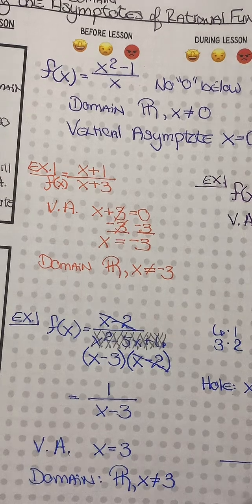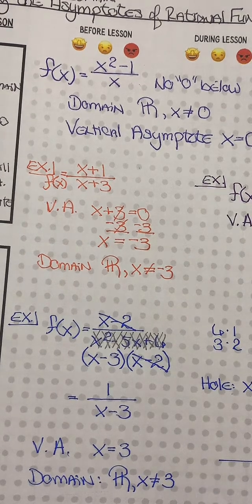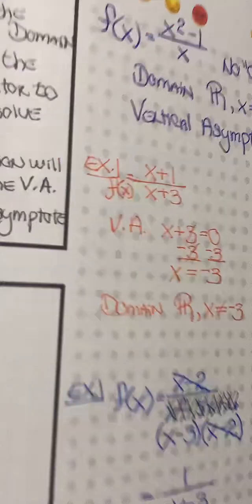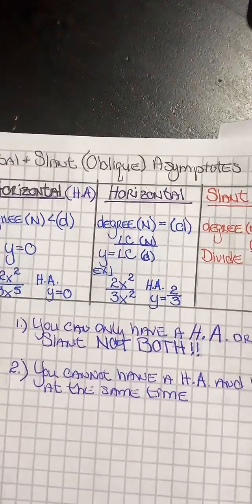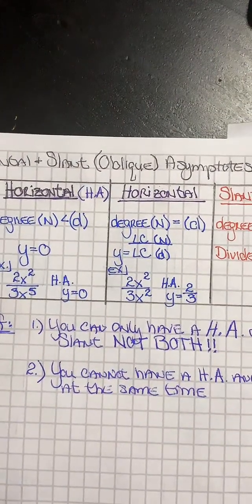Okay, all right. So that was vertical and domain. Now we're going to go a little bit more, so get your cameras ready. If you want to tap a little bit, you can tap. Yep, you can solve almost any problem. I know, and that's the one thing about math.